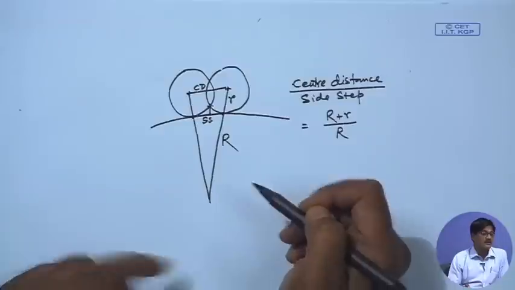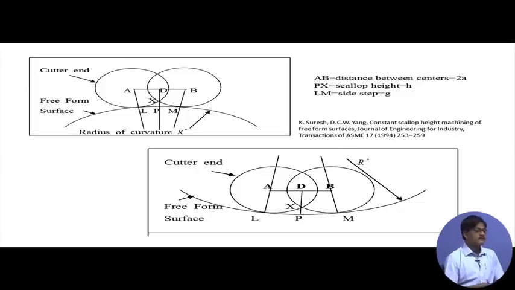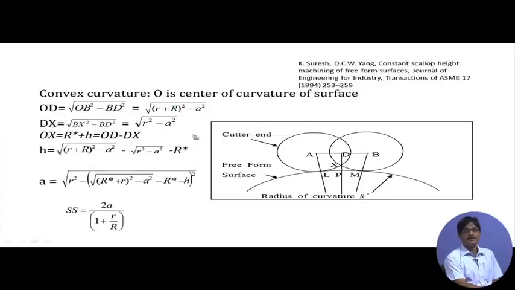So, coming back to the figure, from this particular figure, it is possible to calculate the scallop height by a few Pythagorean relationships. Let us see that. If we have this calculation carried out, I am not going through the calculation, but I will just point out one or two of them.